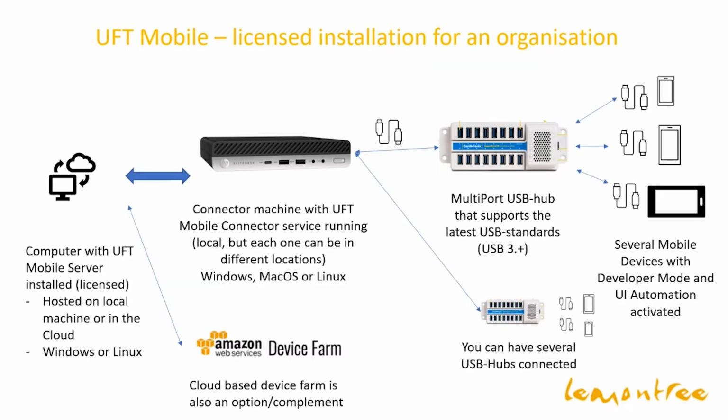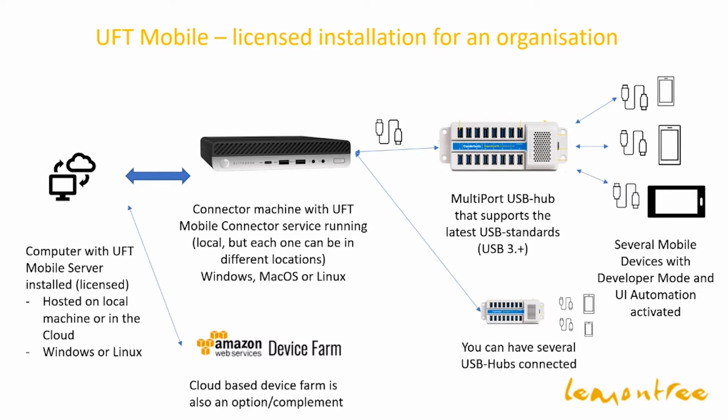This is what a licensed installation of UFT Mobile usually looks like. There are variations. You need a computer with the UFT Mobile server installed, a licensed version. This can be hosted locally, or it can be hosted in the cloud, which is the most common solution, Windows or Linux. You will need a local connector machine. This cannot be in the cloud.